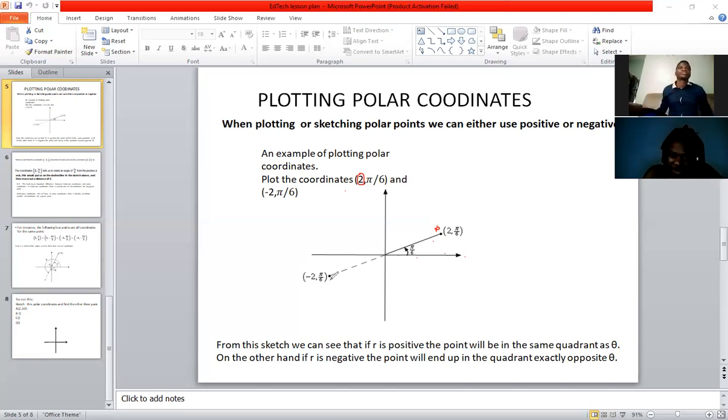Let us say this point is Q. Have you understood? Yes, I'm getting it. If that point is Q and this point here.